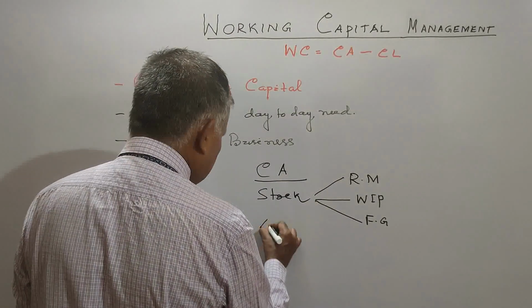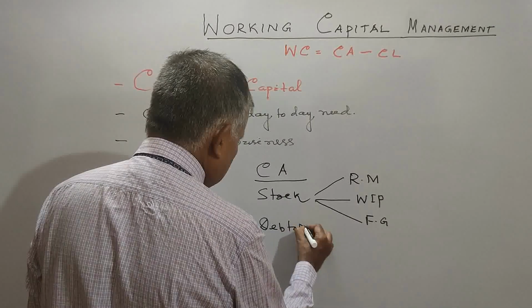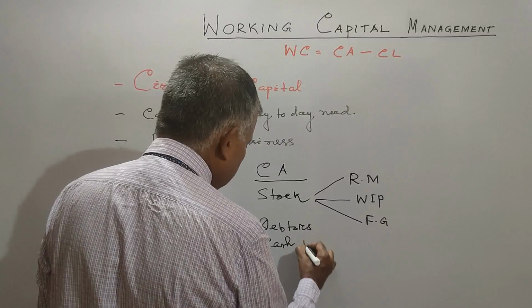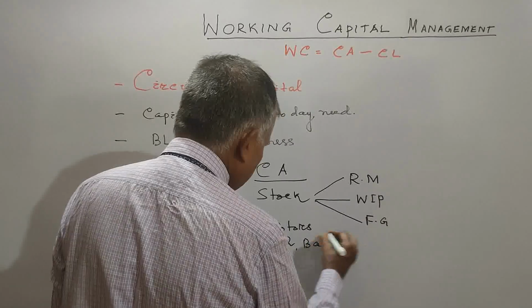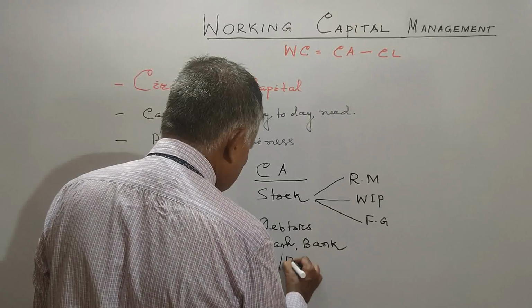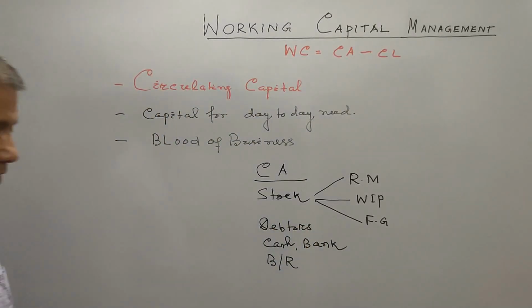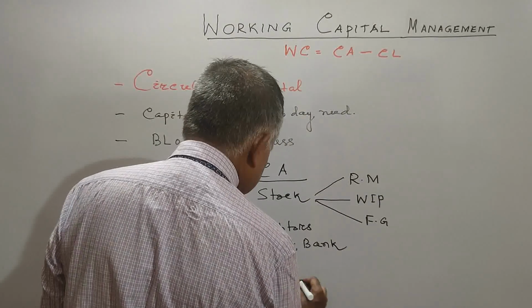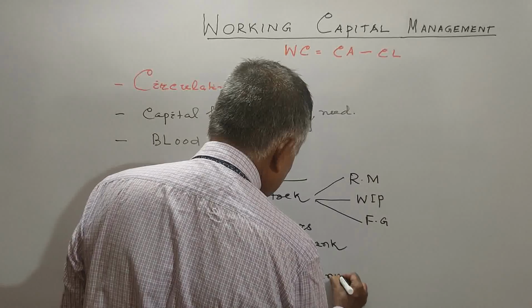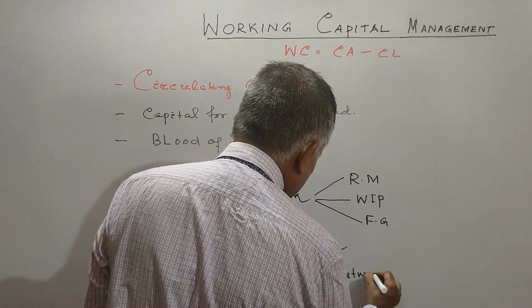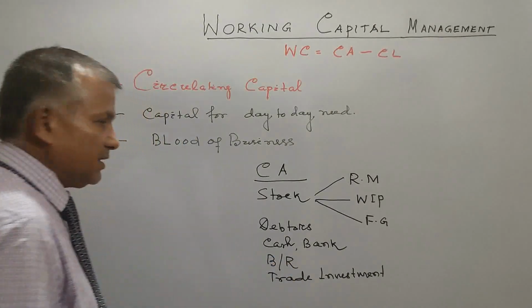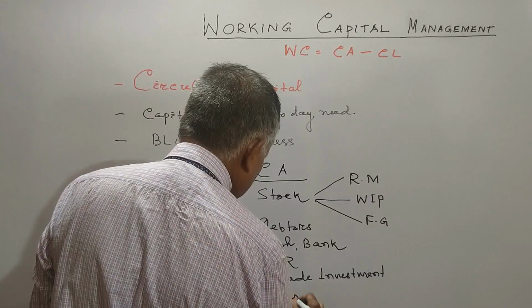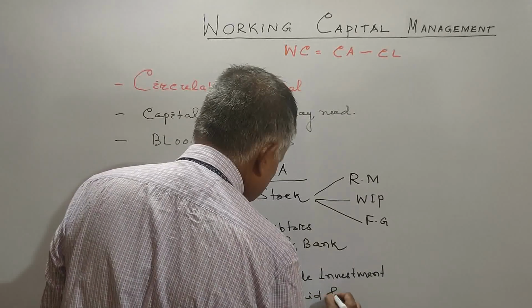Then your debtors. This is also current asset. Then your cash, bank, bills receivable, that is BR, and trade investment. Prepaid expenses, this is also current asset.